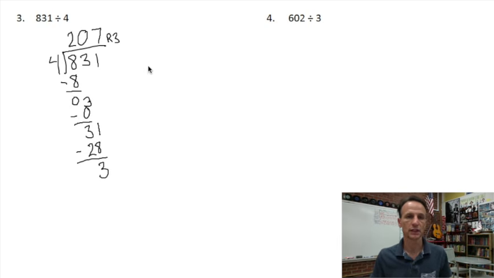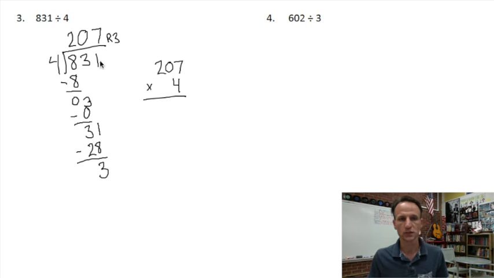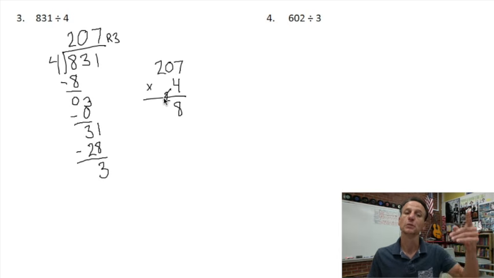So let's do the multiplication check as well here. If we take our quotient 207, multiply it by our divisor, once we add in our remainder, we should end up with our dividend here. So 4 times 7 is 28. We just did that. And 4 times, now be careful, 4 times 0 is 0 plus 2. 0 plus 2 is 2.